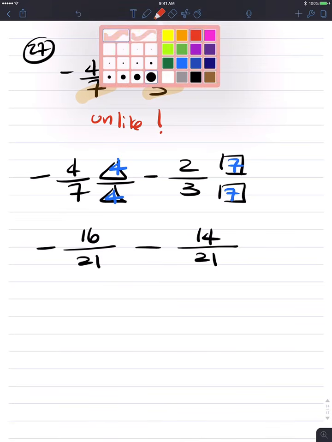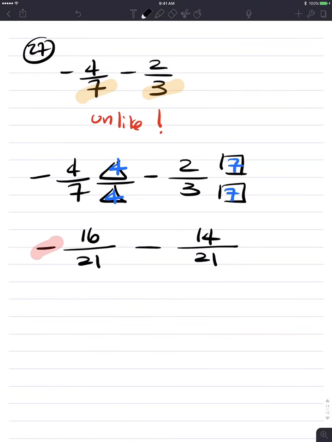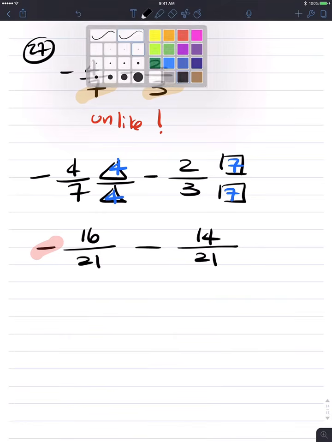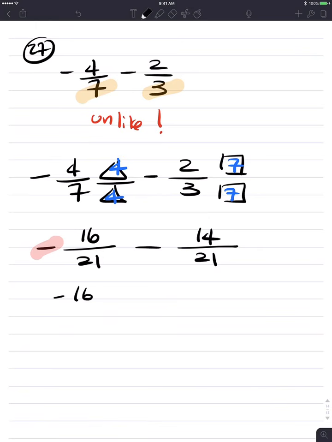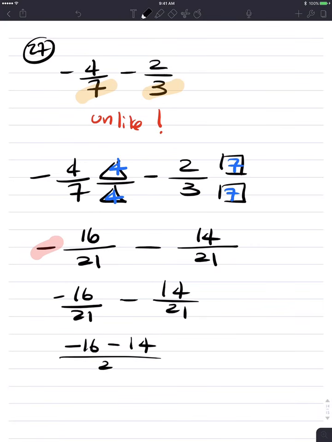Put the negative sign with the 16. You got negative 16 over 21 minus 14 over 21. Negative 16 minus 14 over 21. Perform your arithmetic in your numerator. Negative 16 minus 14 is negative 30 over 21.